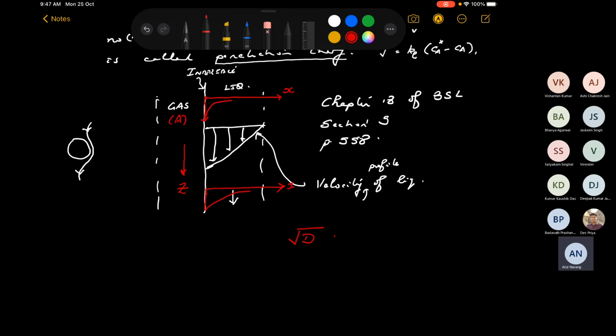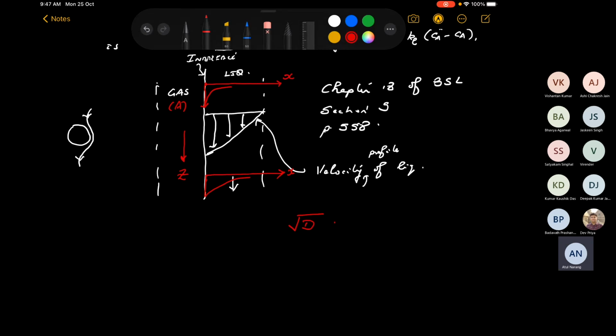We don't have time to cover it this semester because we have fewer lectures than a normal semester, but this is for your information: the penetration theory is actually more accurate, because the contact between the liquid and the gas is transient, as opposed to lasting so long that steady state is reached.